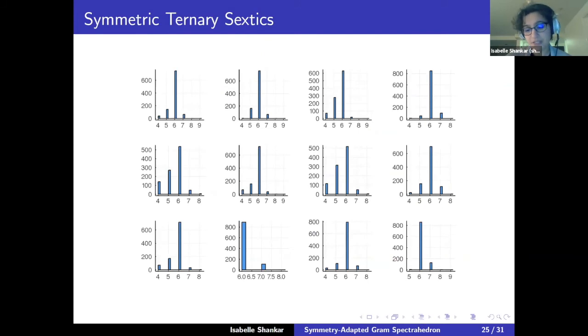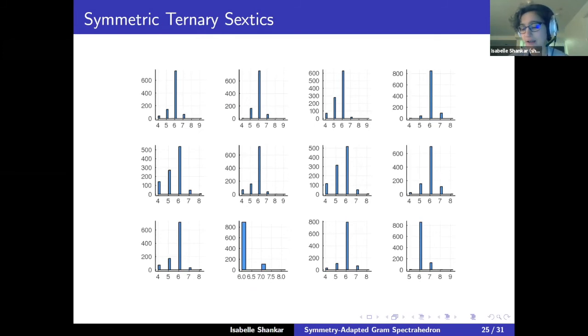And so we were interested in describing what the boundary would look like in the symmetric ternary sextic case. Obviously it's a 13-dimensional object, so we can't visualize it like in the ternary quartic case. But what we did is some computational experimental data.